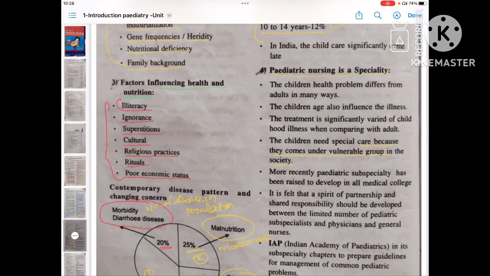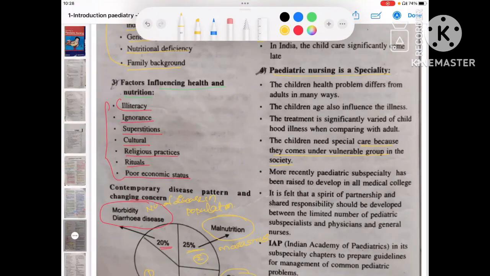Children's health problems are different from adults. Yes, we know that. Compared to adults, children will get diseases very soon. Children's age also influences the illness, definitely, because very young children get diseases very soon.